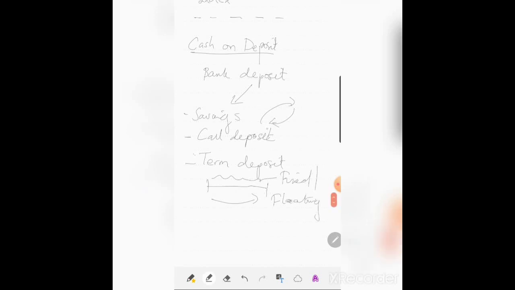So these particular instruments are non-negotiable. I cannot exit out of my fixed deposit before the period. Let's say I've taken a 5-year fixed deposit. If I want to withdraw, let's say after 3 years, I cannot sell this instrument to someone else and get the money. But if it had been a bond, there is a market for selling the bond, and I can literally exit the bond after 3 years.